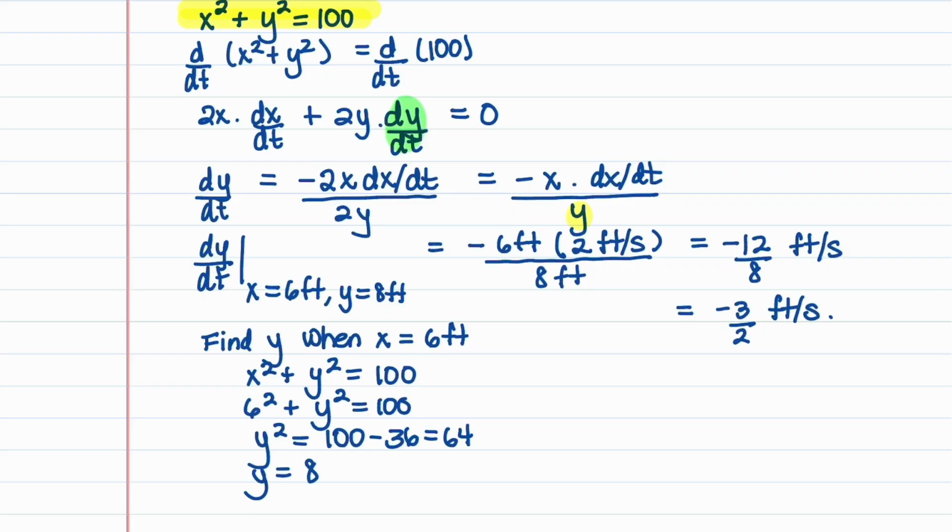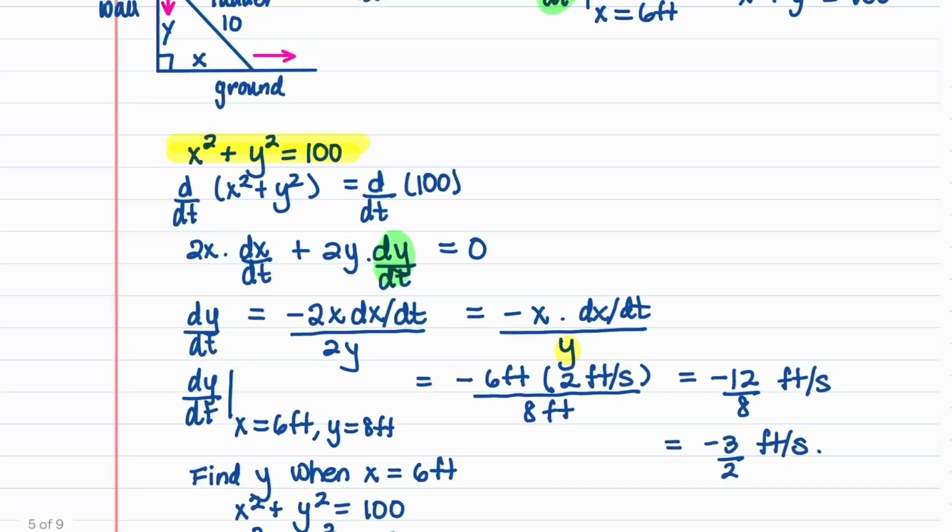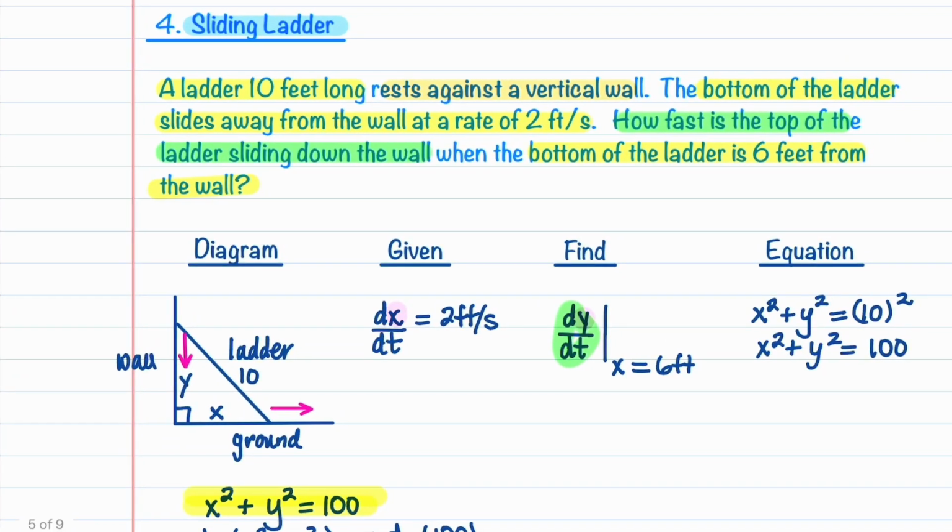When you are solving a related rates problem and you get a negative for an answer, what you need to do is go back up to the original problem and find out exactly what you're being asked to find. We want to find how fast the top of the ladder is sliding down the wall. The word down takes the place of the negative.